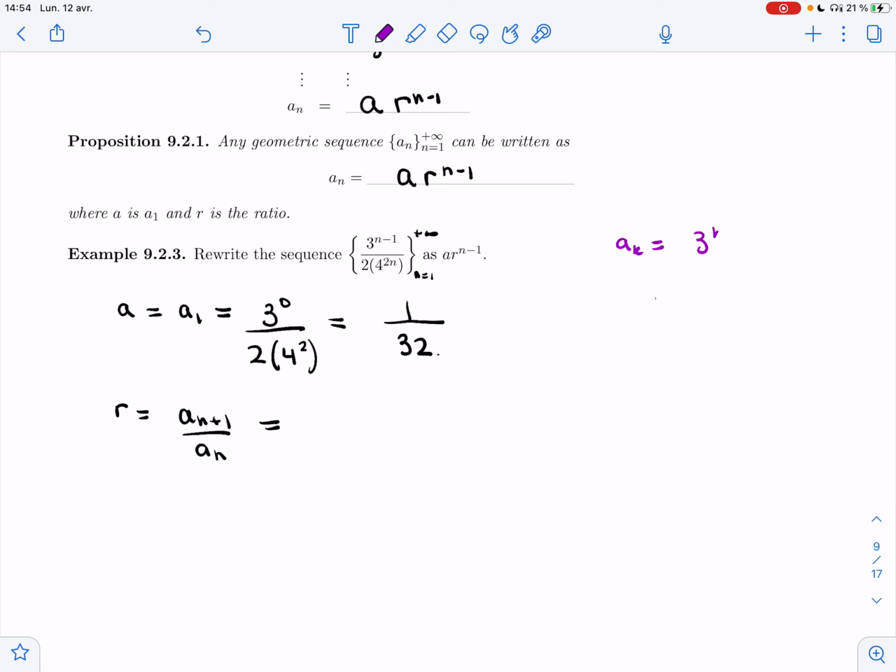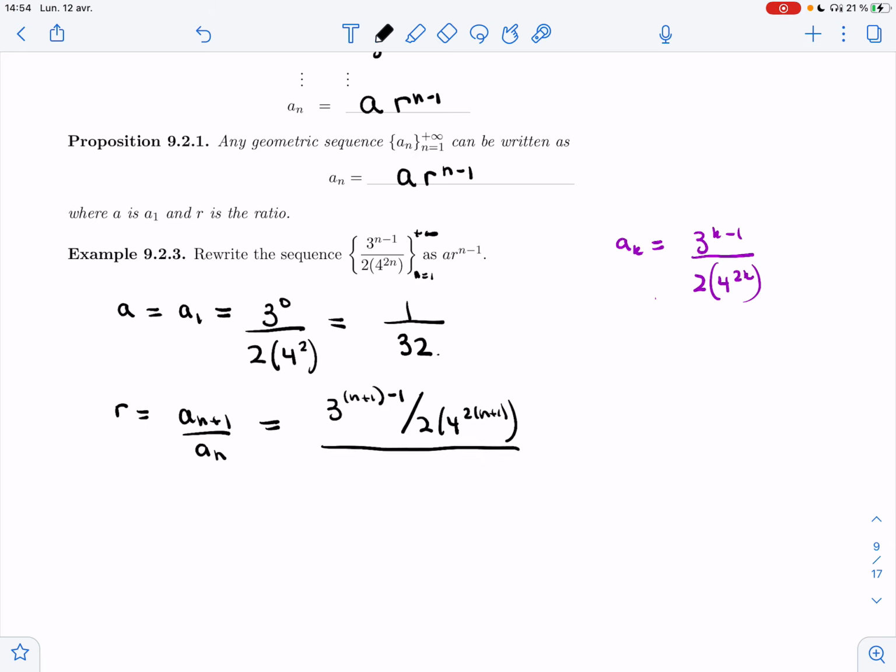And so here again, just in case you need it, let me write the terms in terms of k. n plus 1, that's going to be 3 to the n plus 1 minus 1, I put n plus 1 where k is. Then 2 times 4 to the 2(n plus 1). Don't forget the parentheses here. It matters for the 2 at least.